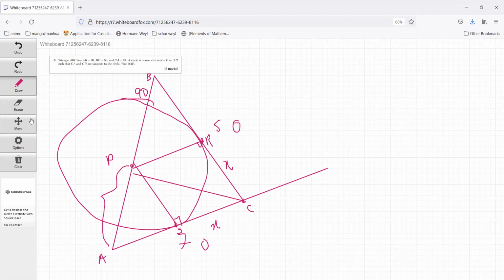Let's drop it down. So now we also know that this is the radius of the circle.